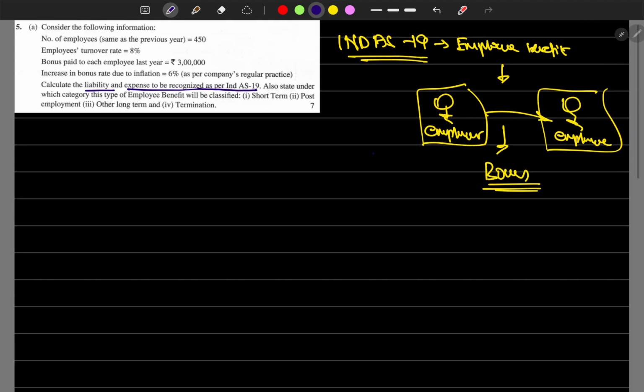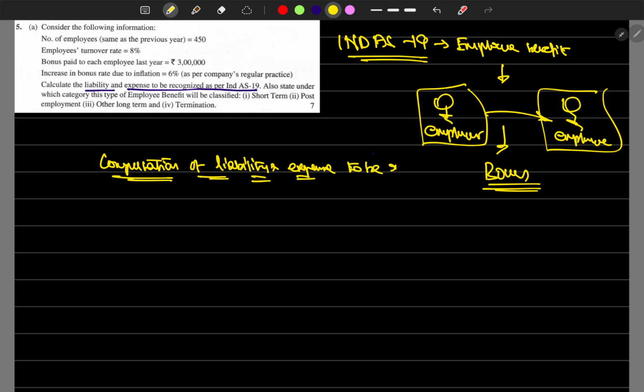The first one: the number of employees is the same as the previous year. The particulars: computation of liability and expense to be recognized is the question.